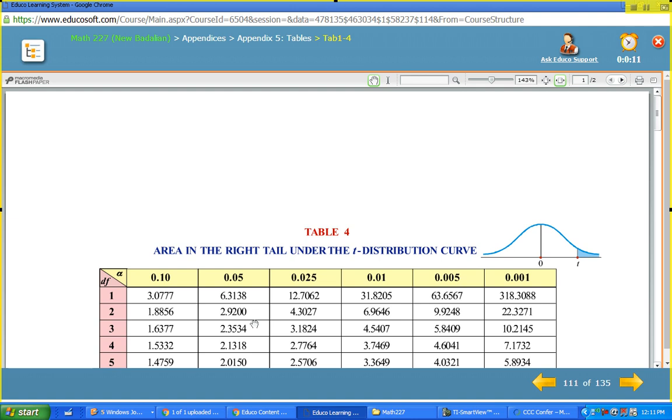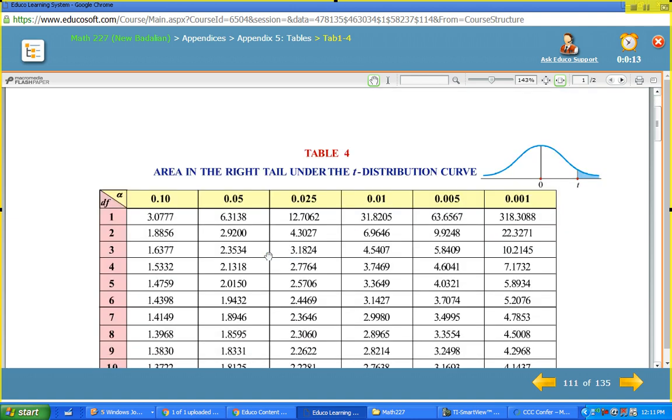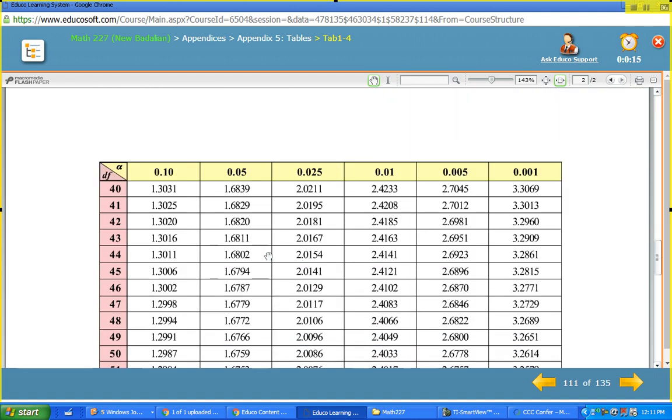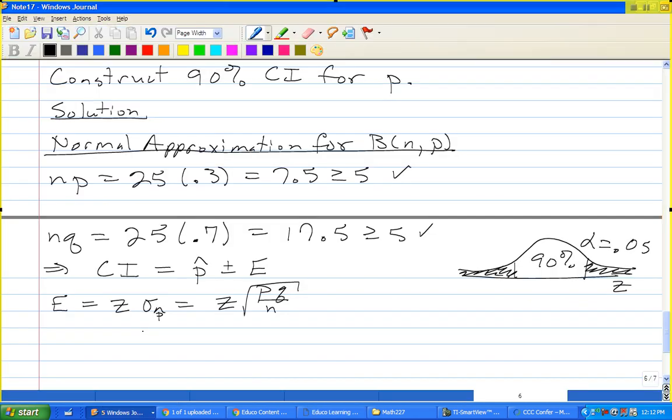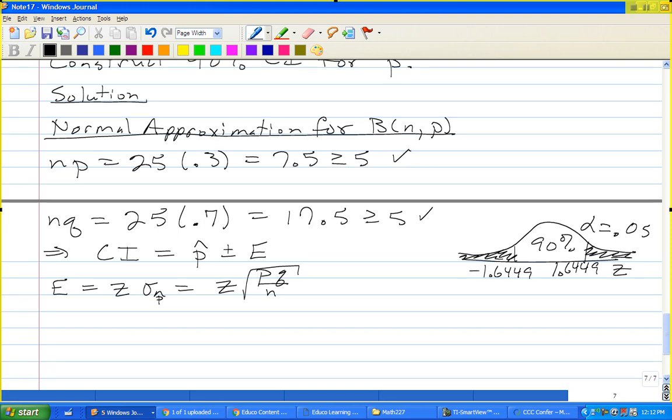So if I look here at the very bottom of my table, 1.6449. And that is your Z value, your critical value.